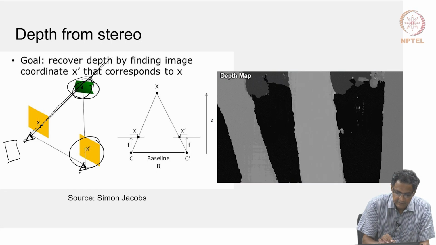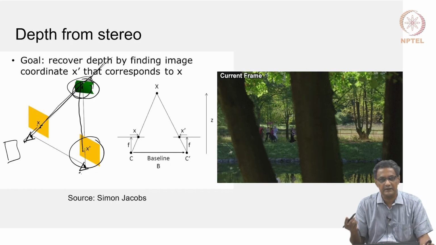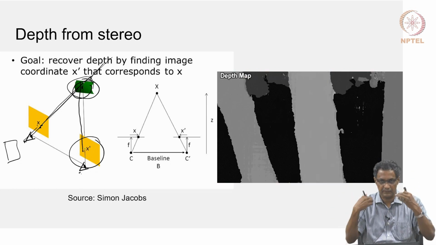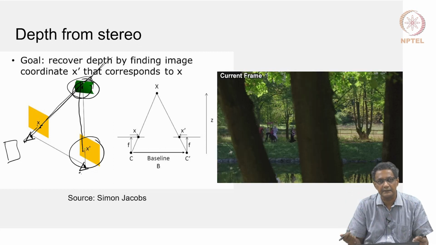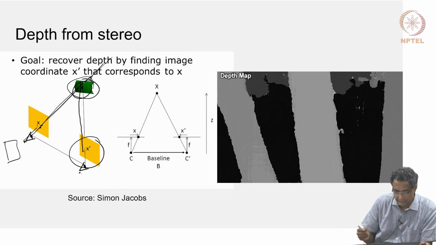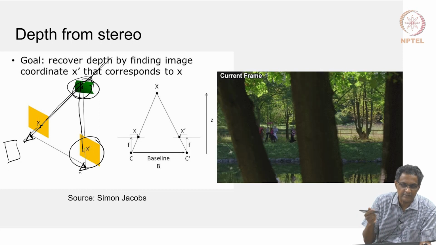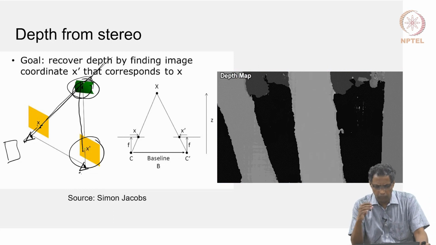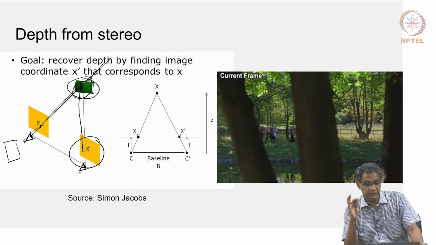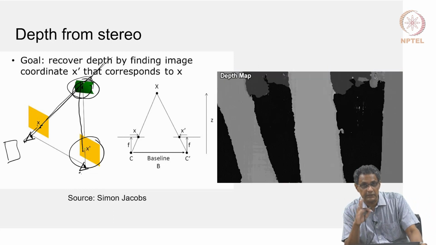If I know this correspondence, then I can back project this ray, and wherever they intersect, ideally that is where the rays are emanating from, the object point. That is why you need these two views, and this again brings up its own interesting aspects. It's not that easy, because establishing point correspondences is again a challenge in itself.